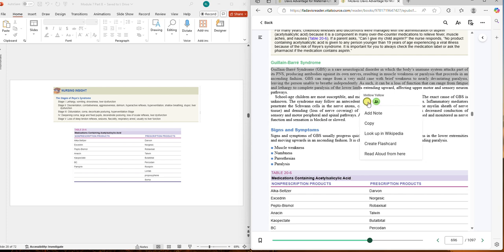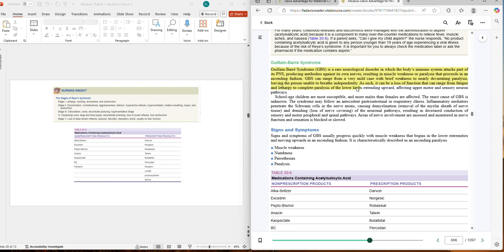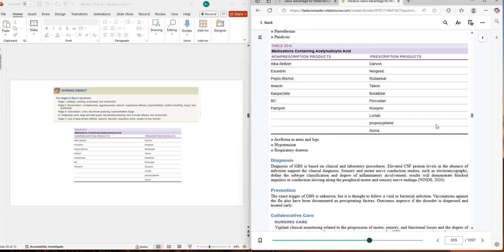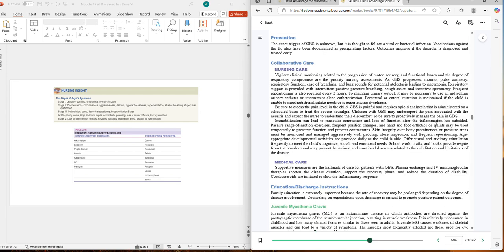Okay. I highlighted too much, but they are unable to breathe independently. Okay. Monitor for respiratory efforts. Okay. If they're still having trouble breathing, make sure you're monitoring those respiratory efforts. Okay. Some collaborative care. Diligent vital signs.